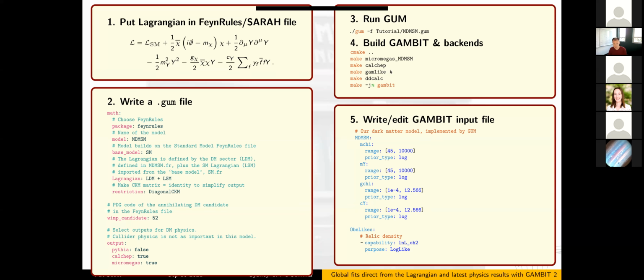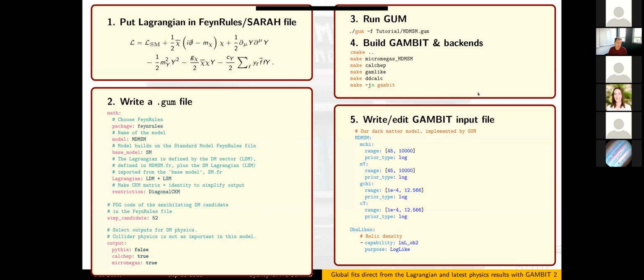So in this case, we're making micrOMEGAs specialized to this particular model, making CalcHEP. We're making gamLike, which is a gamma ray likelihood backend that we made, and then DDCalc, which is a direct detection likelihood backend that we also made, and then building GAMBIT. So this -j is just saying build GAMBIT in parallel because sometimes it takes a while.